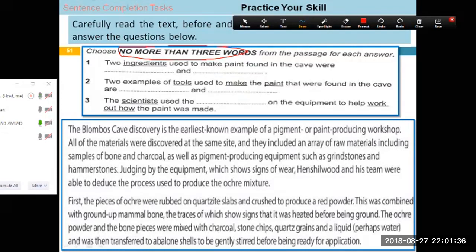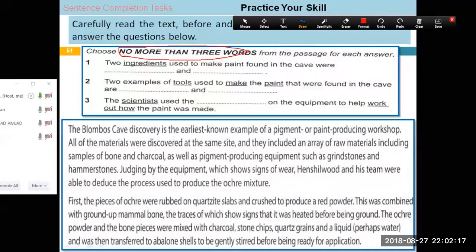Bone and charcoal. Raw materials, and no, no more than three words. Okay, so raw materials and equipment. Abdurrahman, waiting for your answer. Are you awake? Yes. Okay.